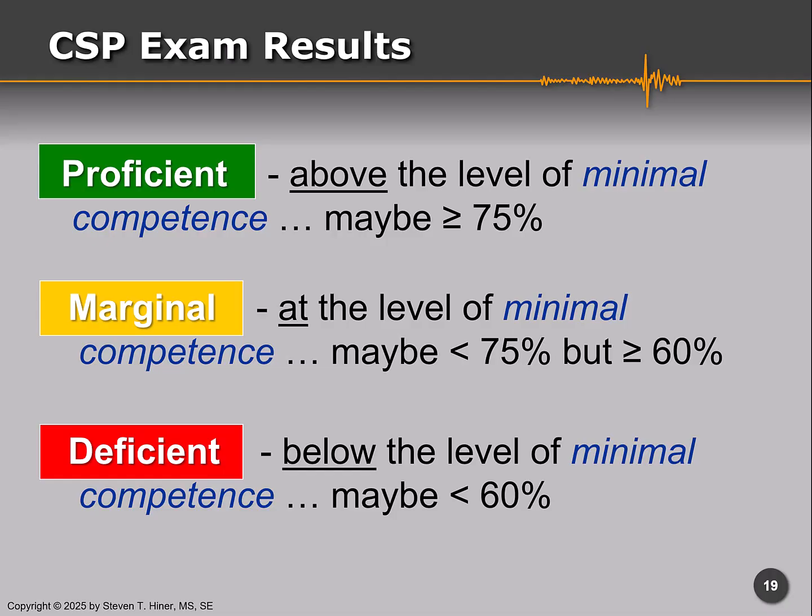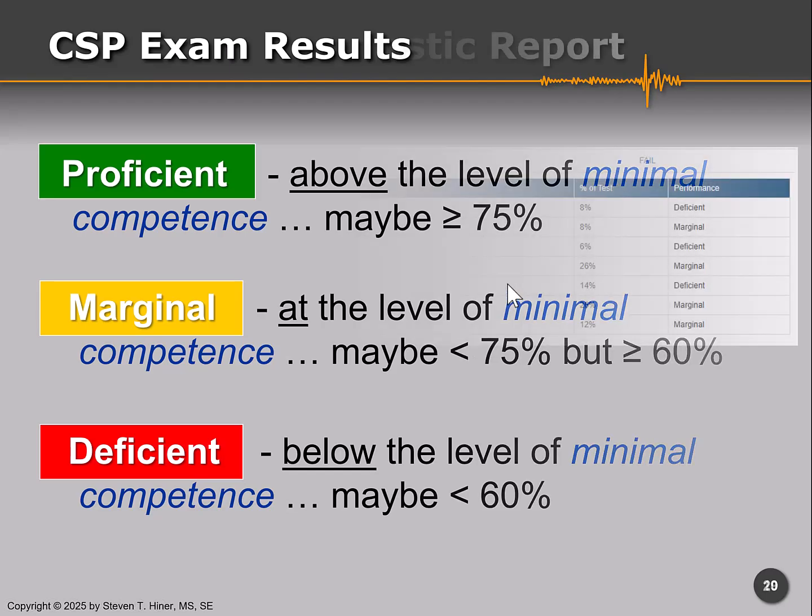If you have a deficiency in 1 or 2 content areas, then you're going to need a proficient content area that's of a large enough percentage of the exam to balance that out. So theoretically, I think you could score marginal in every content area, all 7, and pass the exam. But it's also possible, if you're on the low end of marginal, close to 60% or 61%, let's say, in all the content areas, that may not be good enough to pass.